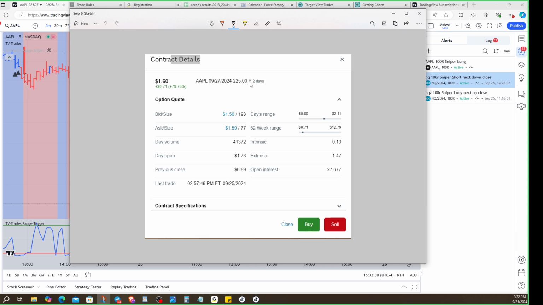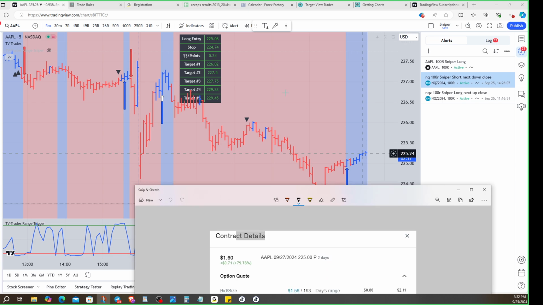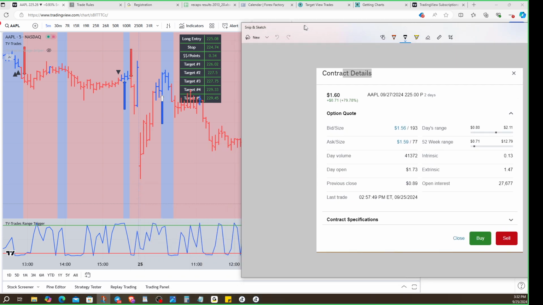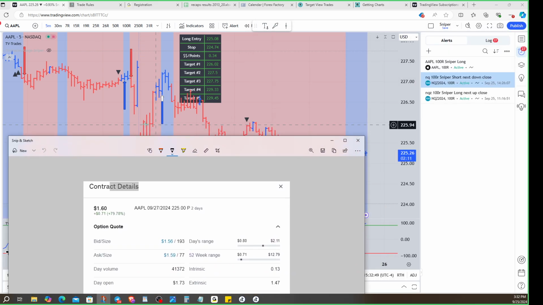Alright, the 225 puts. So they've had a range today of 80 to 211. And I don't have a chart for it, but if I did, I would say when it was up here earlier today at the open, it was probably 80 there, and in here it was probably like $1, something like that.